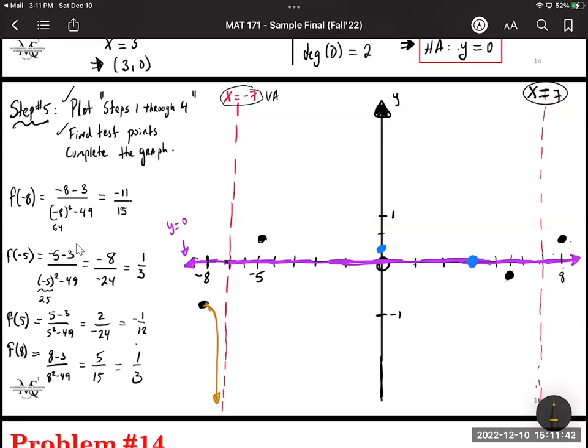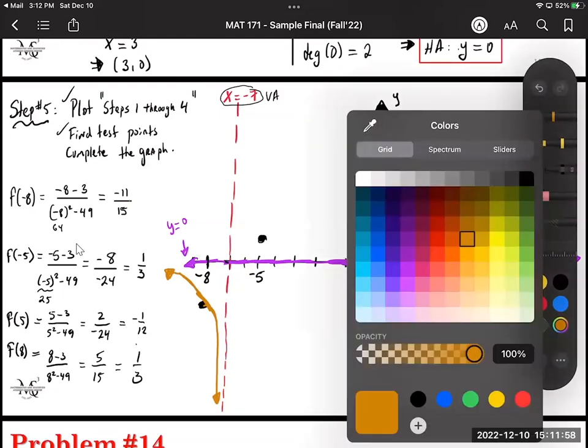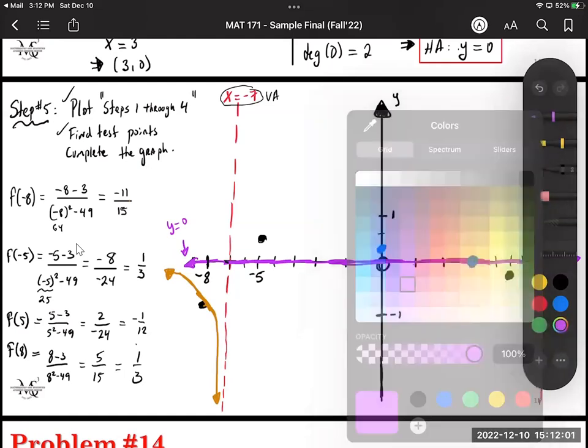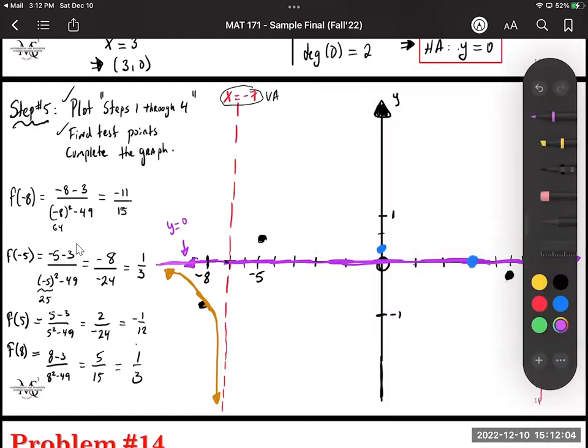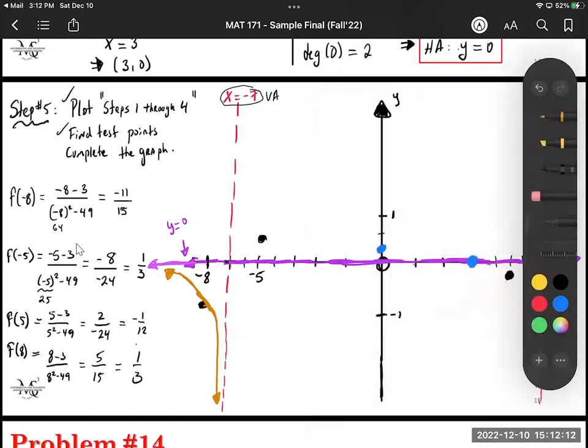Because as you approach -infinity, it gets closer and closer to the line y equals 0. So if I were to extend this graph out a little bit more on this end, it's not going to touch the horizontal asymptote, but instead it gets really close. So it should look something like this.